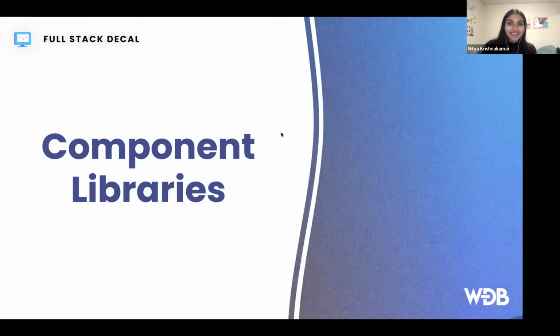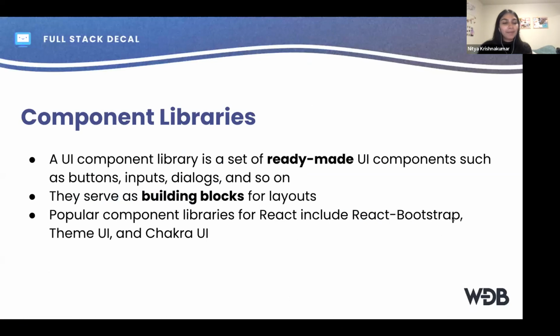Okay, so the important thing that I wanted to introduce is component libraries. Component libraries are basically ready-made UI components. A whole bunch of libraries have their own components like buttons, text boxes, text fields, sliders, accordions, a whole bunch of different UI components that go onto web pages, and each of them has its own styles: fonts, colors, sizes, and so on and so forth.